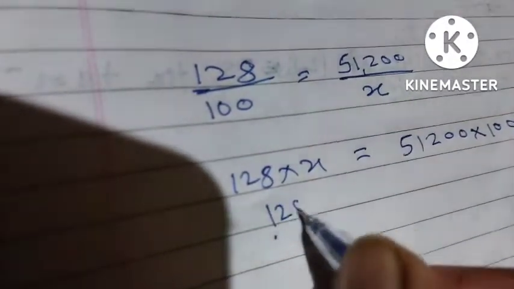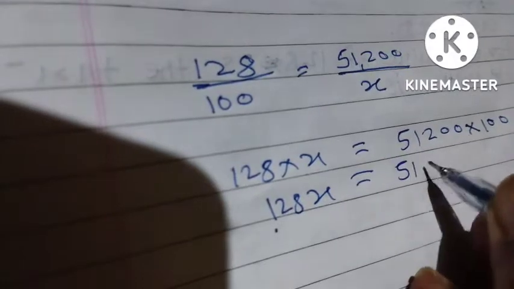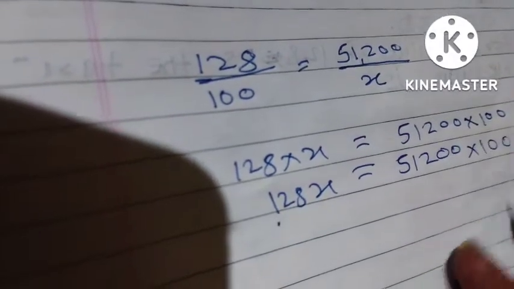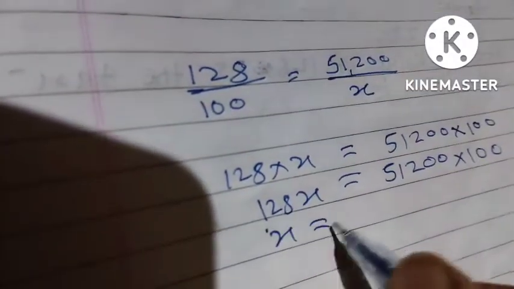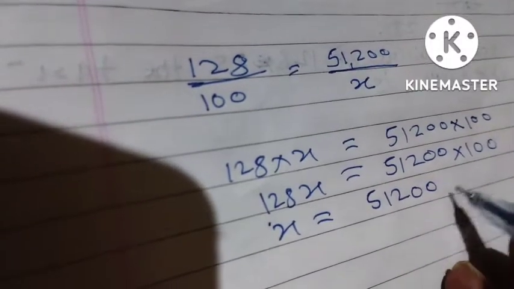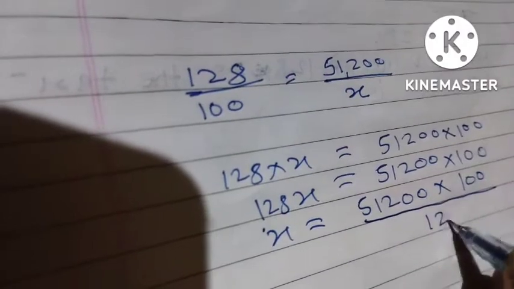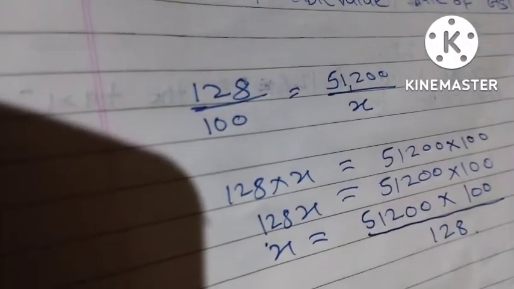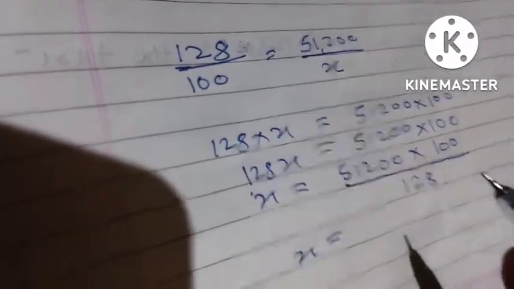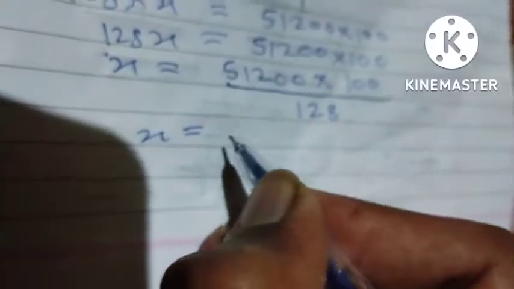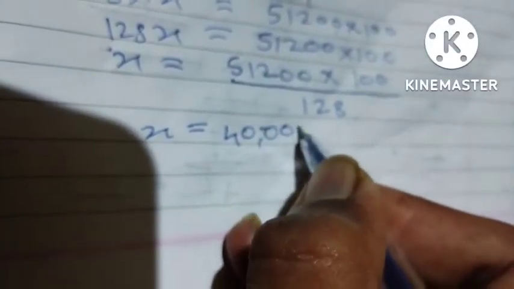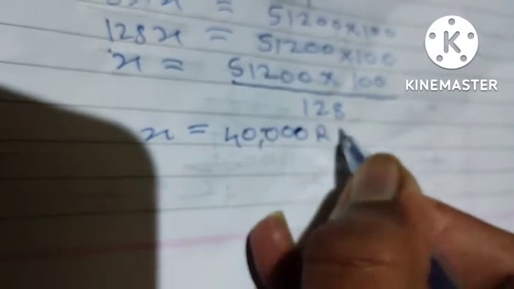So 128X is equal to 51,200 into 100. X is equal to 51,200 into 100 upon 128. So the value of X will be 40,000 rupees.